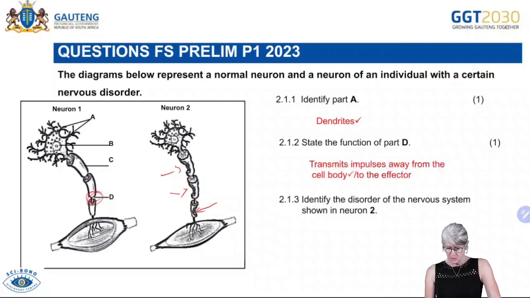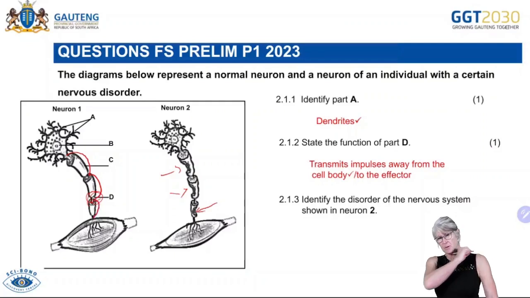All right, and then the third question, they say, identify the disorder of the nervous system shown in neuron 2. Now remember I said to you it's the myelin sheath that is wrapped around the axon, and basically what the myelin sheath does is it's an insulator, and it speeds up the movement of the impulse. So the impulse is going to jump from the gaps in the myelin sheath.